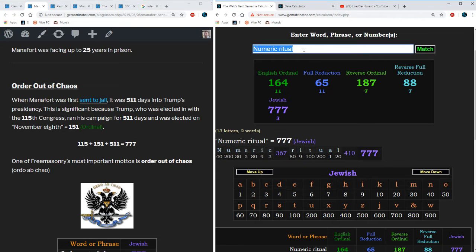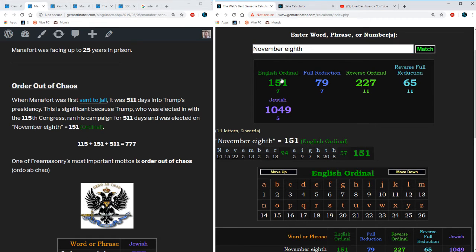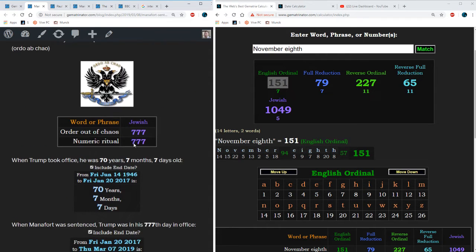He was also voted in with the 115th Congress, which is the number 511 backwards. The date he was elected was November 8th, which sums to 151. And if you add 115 plus 151 plus 511, all the permutations of these digits, you get 777.